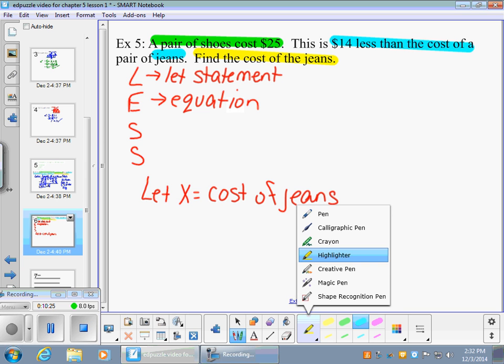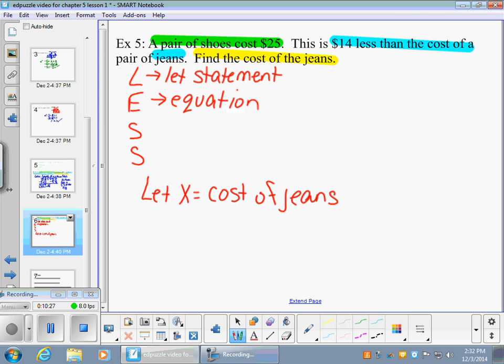So now we could create our equation. Shoes cost $25. That's the total. That number is 14 less than the jeans. Well, you said that jeans is represented by x, and this is 14 less than that, which means we're going to subtract 14. Now we have our equation.